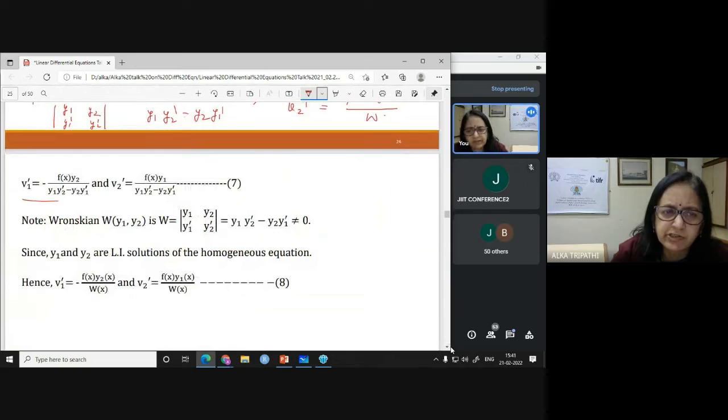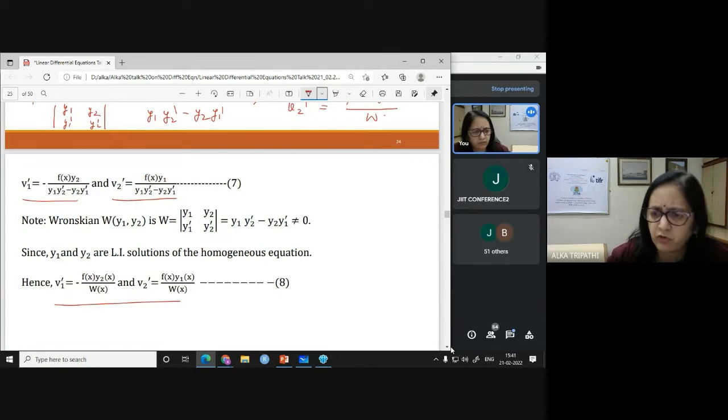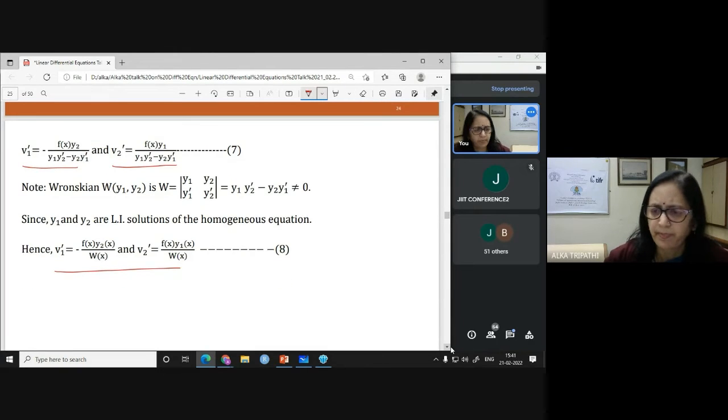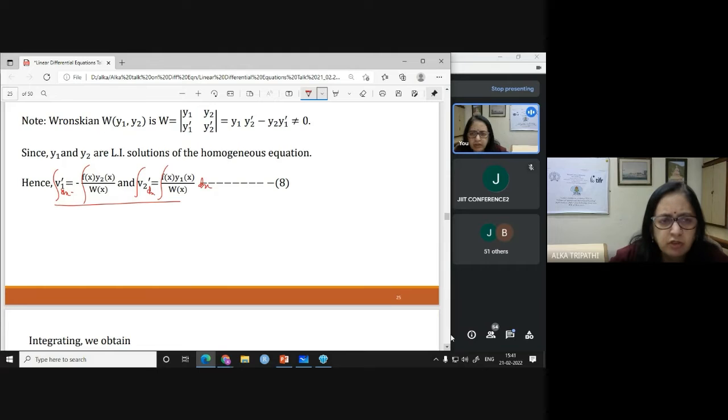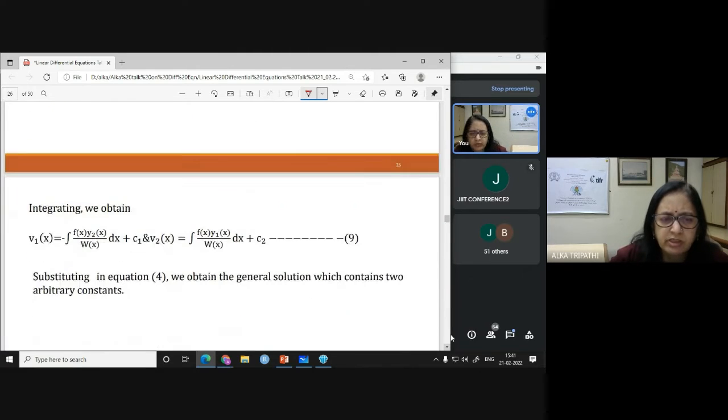Or directly simplifying also you can get the value. No need to go for the determinant form. Once you have this, you integrate the whole expression with respect to x. You will get the values of V1 and V2. Once you have the values of V1 and V2, you can substitute them in your original equation.